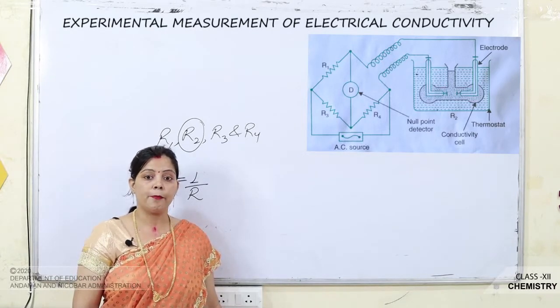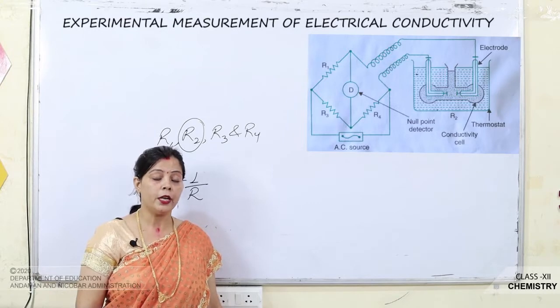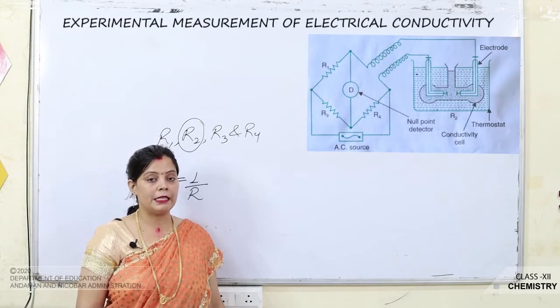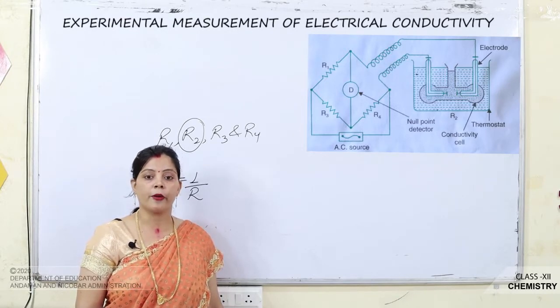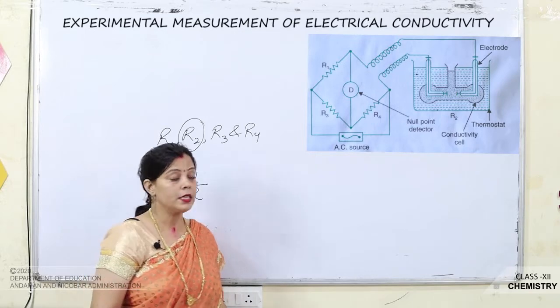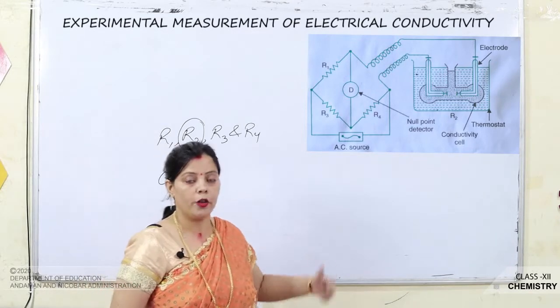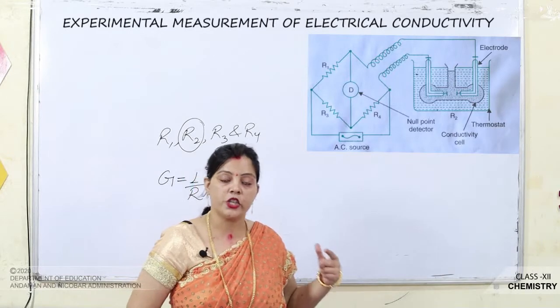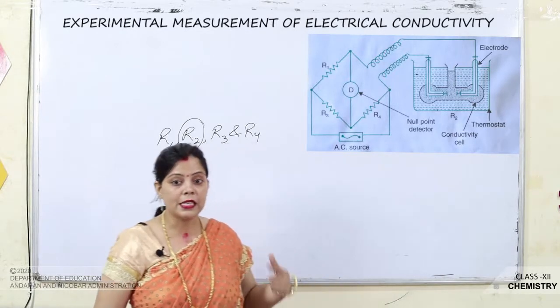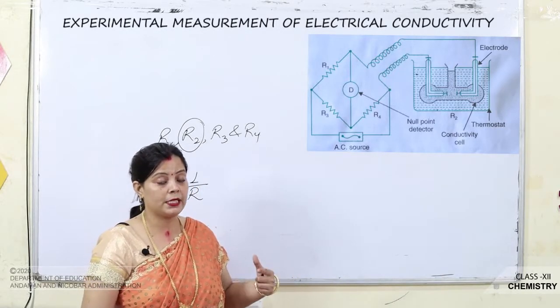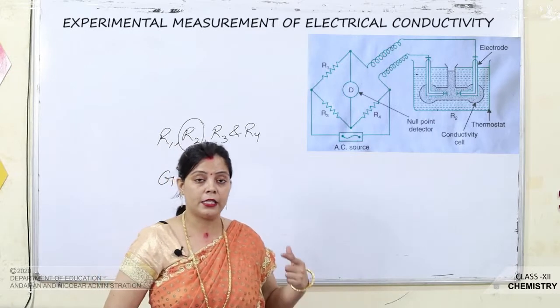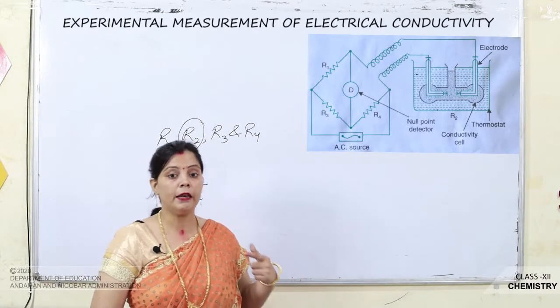The cell is placed in a thermostat so that the temperature inside the conductivity cell remains constant. It is because the conductance of the electrolytic solution changes by changing the temperature. So, it is necessary to keep the cell in a thermostat so that its temperature is maintained constant.